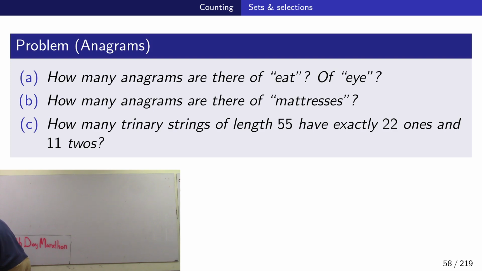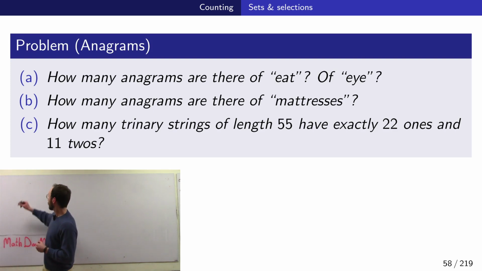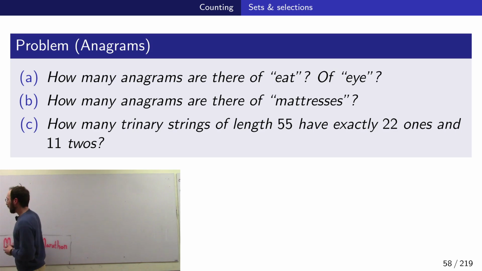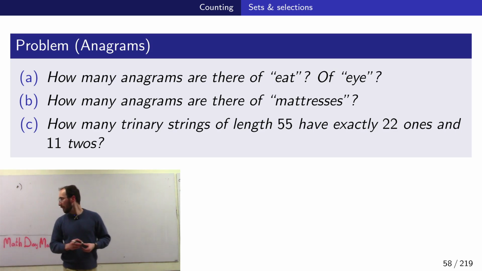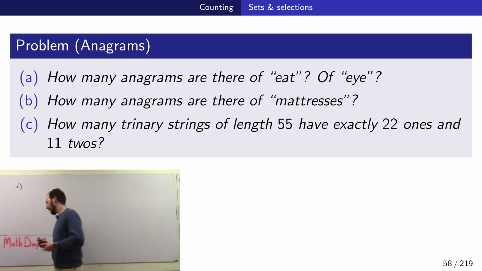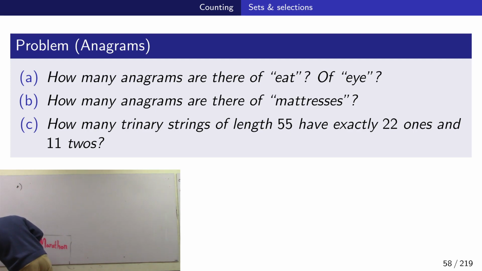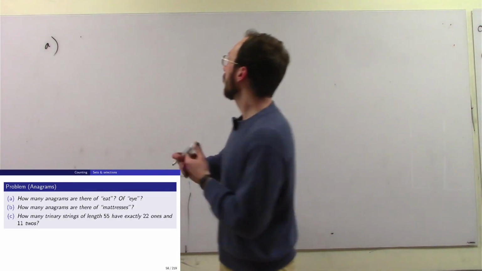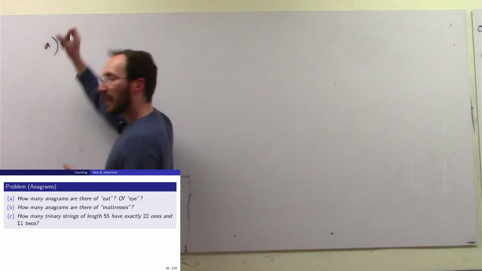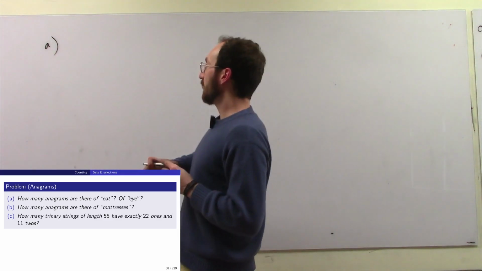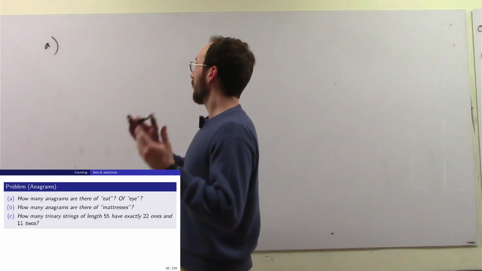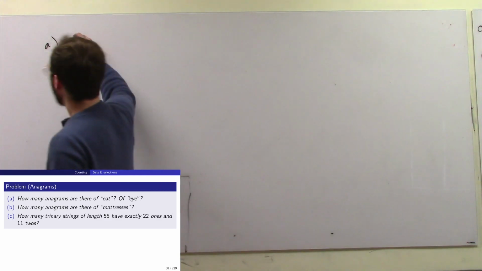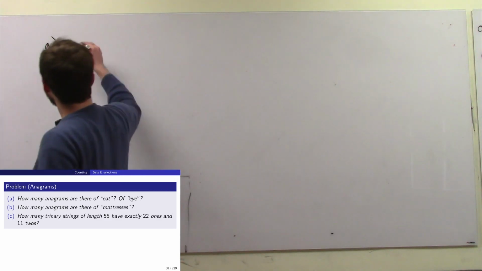And so we have this problem about anagrams. We ask, how many anagrams are there of eat? What about of eye? So let's write these ones out. I chose some small words to figure this whole thing out. And also I chose eat because of its anagrams, there are a few that are actual words. This is nice. So we want to think about these as strings of characters.